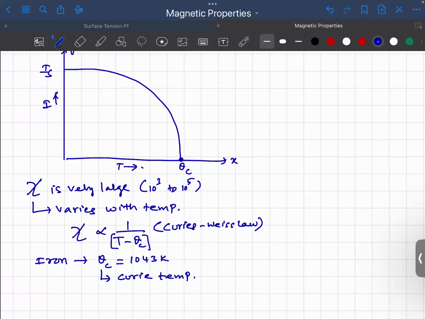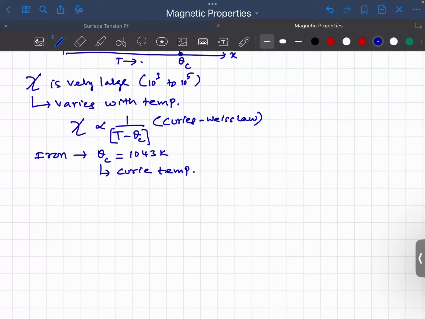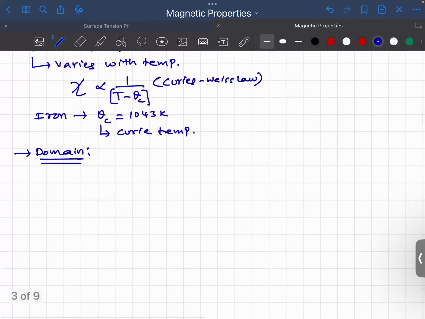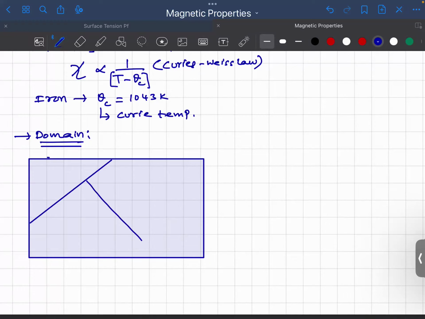Actually, what is happening is domains. In ferromagnetic material, imagine that this is a ferromagnetic material. Imagine small volumes in a specimen, a very small volume.